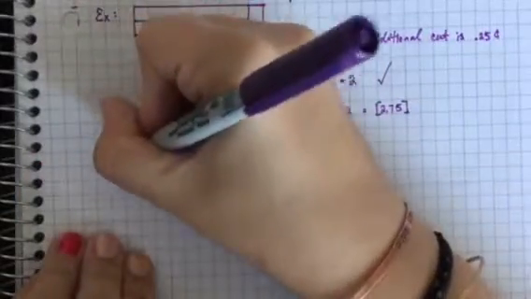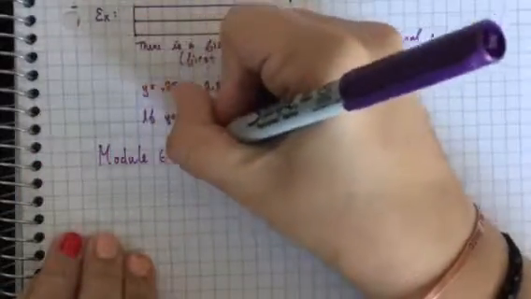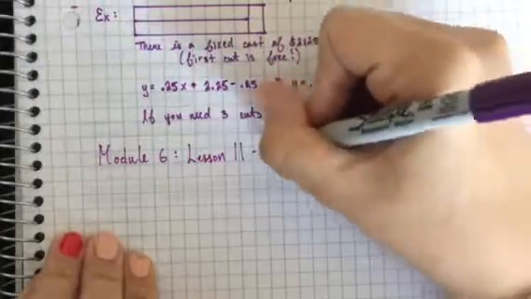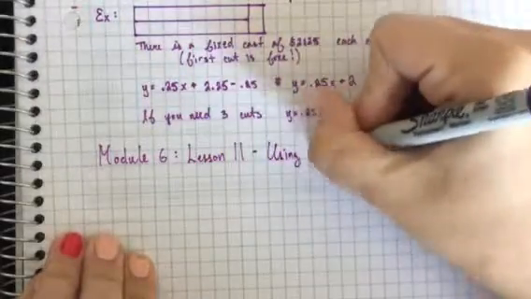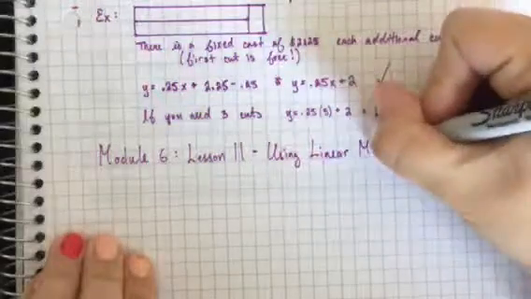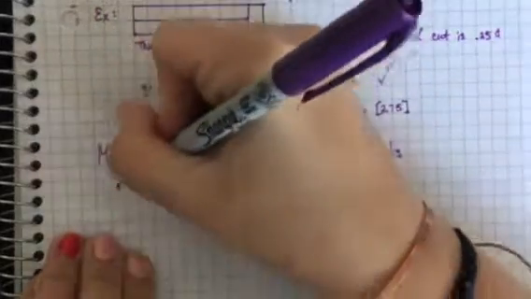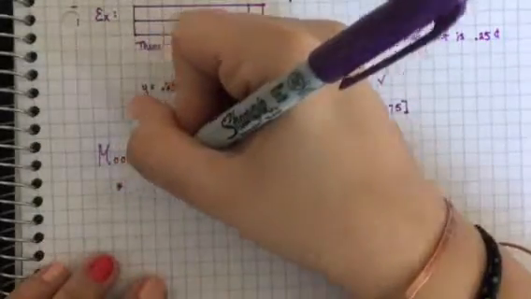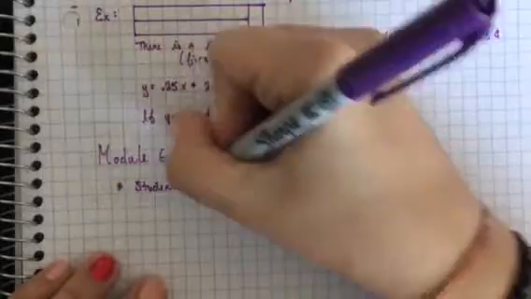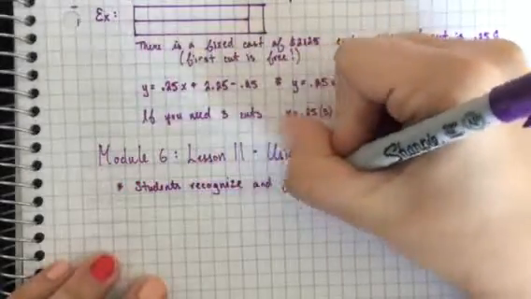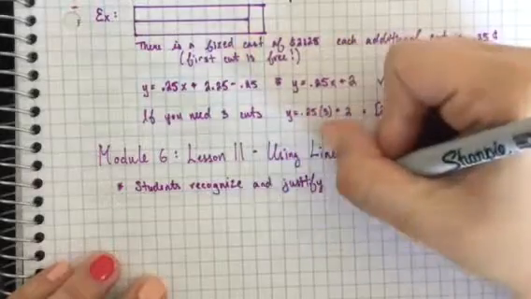In Module 6, Lesson 11, we're going to be using those linear models to interpret our data and to kind of make predictions on our data. So the first objective is that students recognize and justify that a linear model can be used.